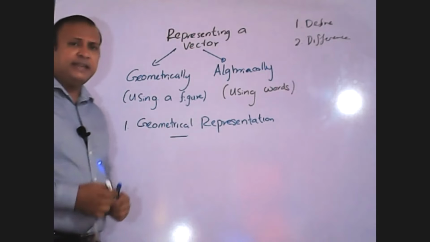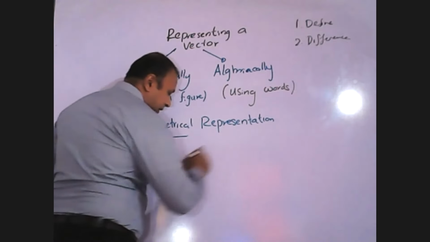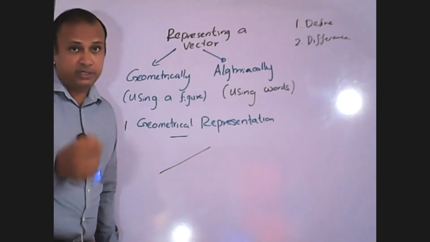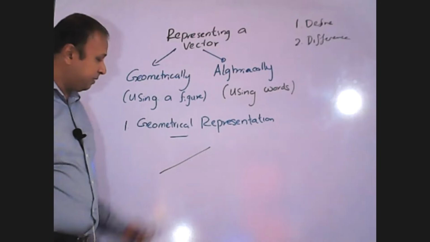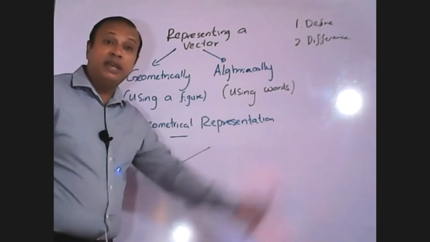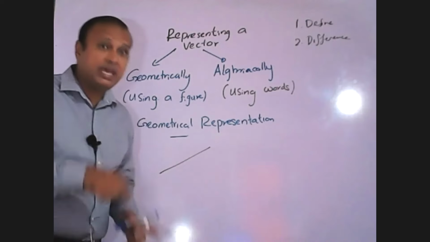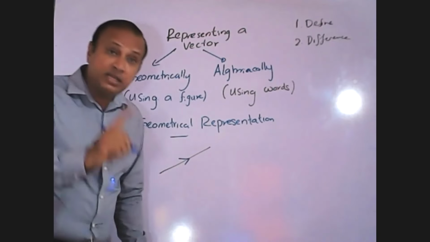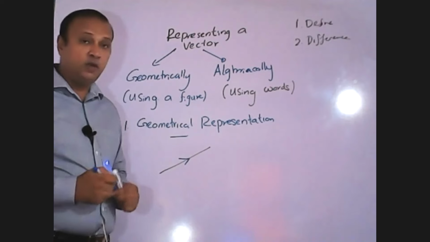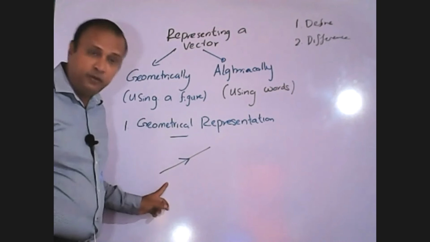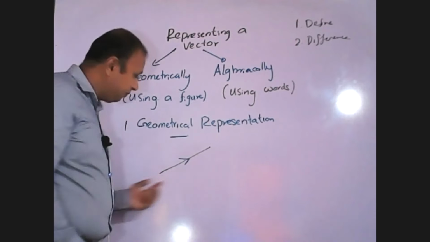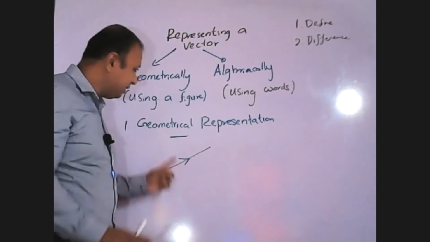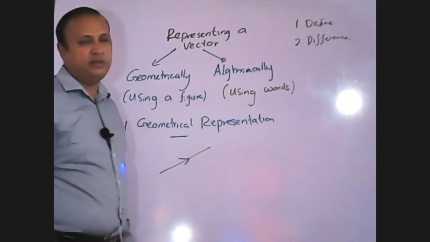So we use a line segment drawn in the direction of the vector, and we can use an arrowhead to represent the direction of the vector.